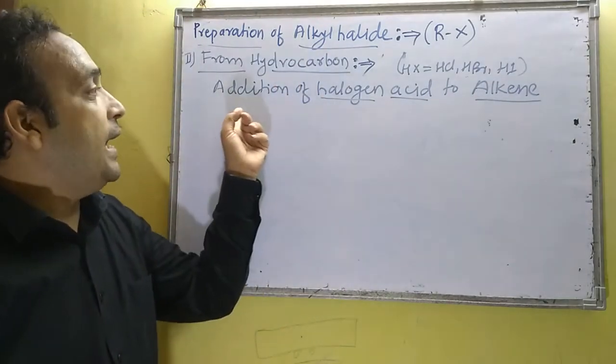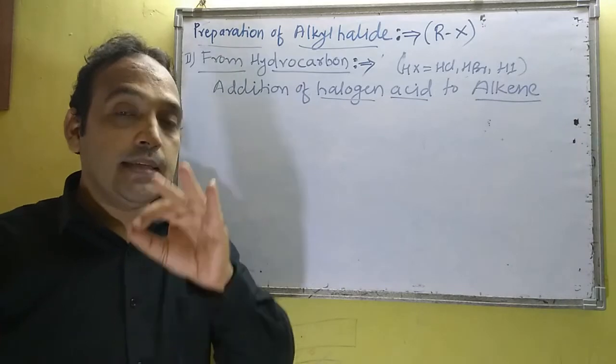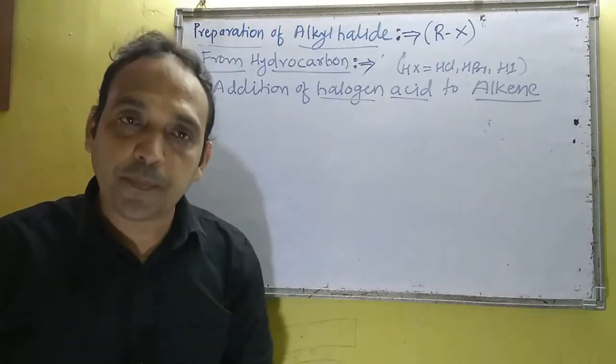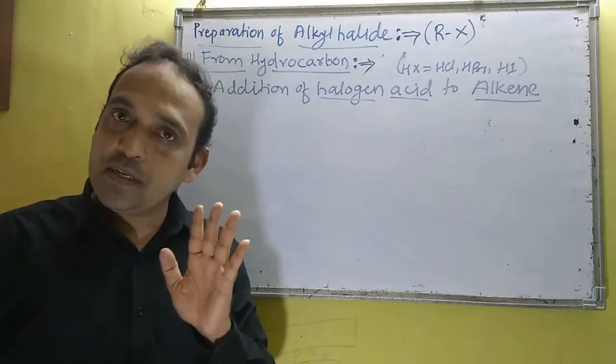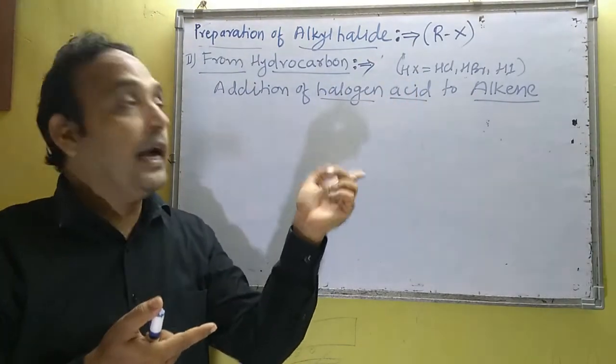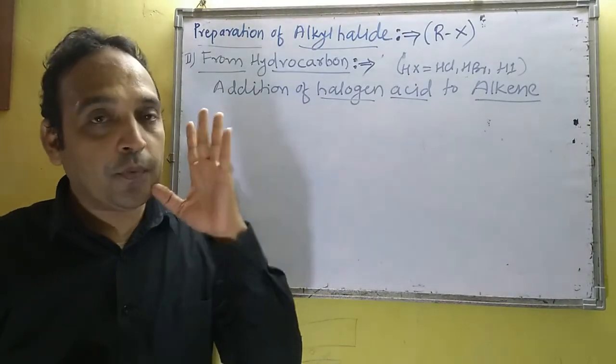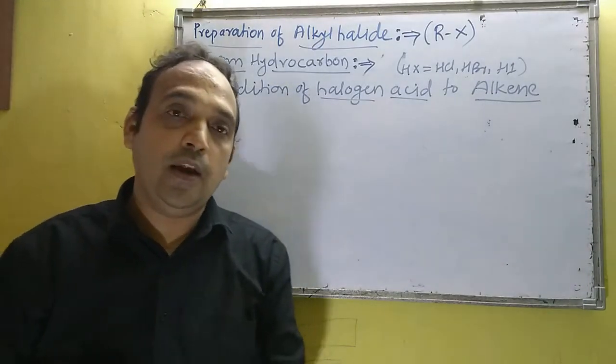This reaction is known as hydrohalogenation. It is a process in which hydrogen halide is added across the carbon-carbon double bond of alkene.